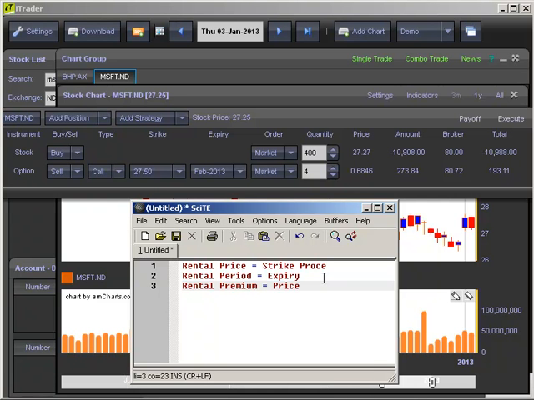In this case, 68 cents per share. Now, one option contract equals 100 shares. Oops, 1,000, that should be 100. Okay, we're happy with that.